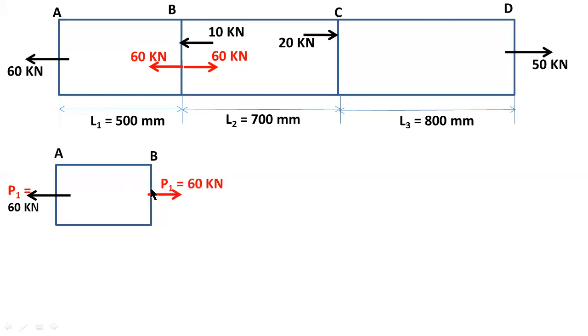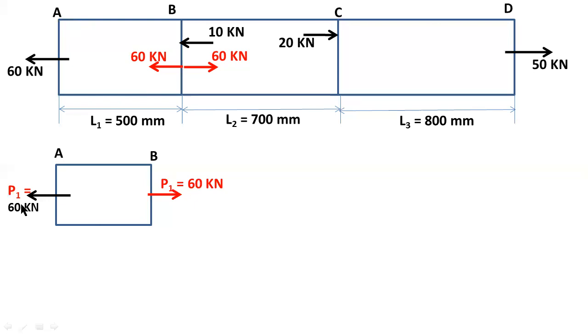So this is the free body diagram for section 1. I consider this AB as bar 1 or section 1. The load acting on the bar AB equals 60 kilonewtons, which I consider as load P1.